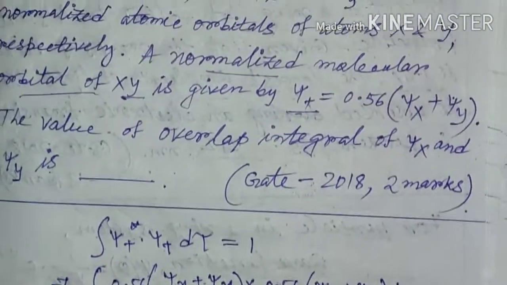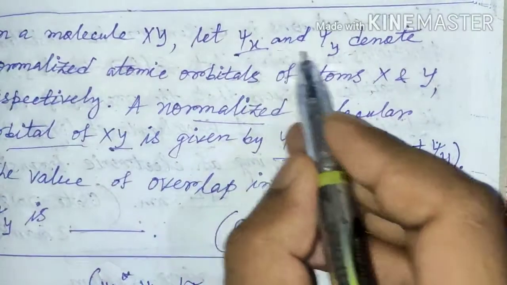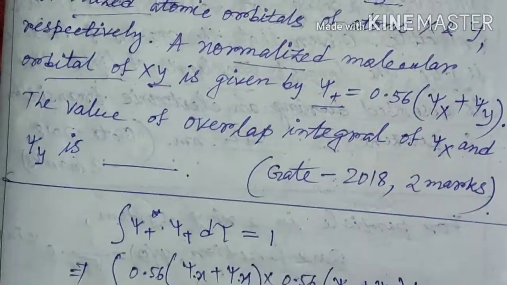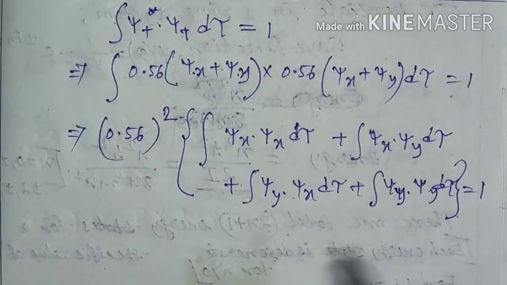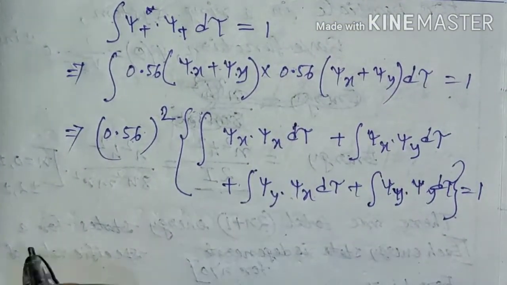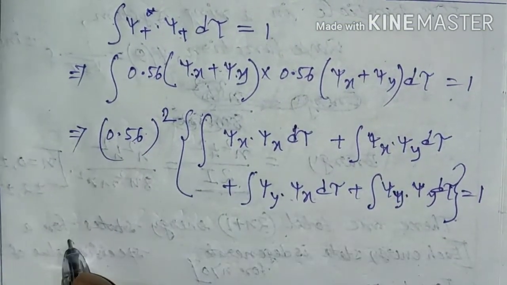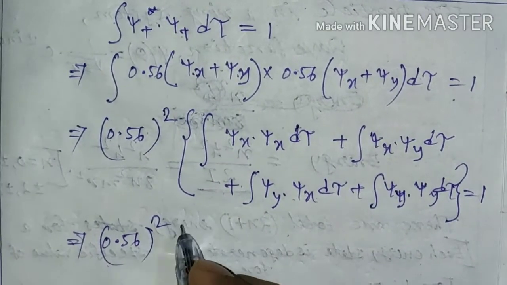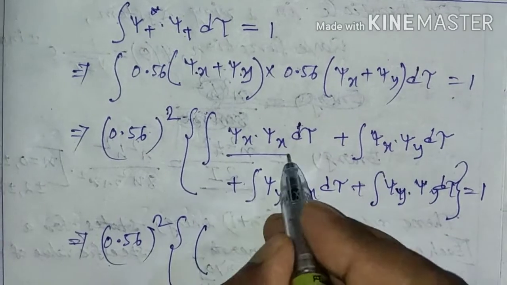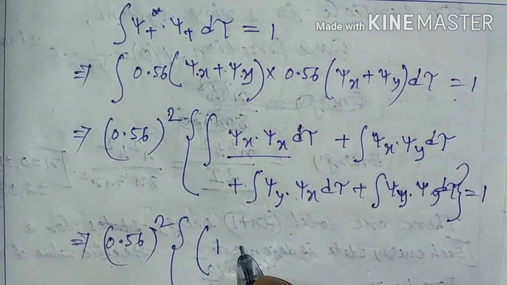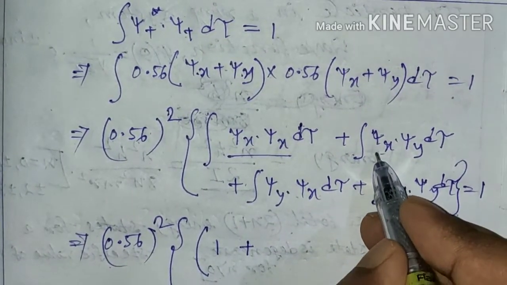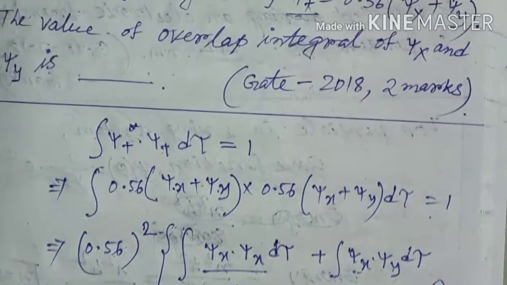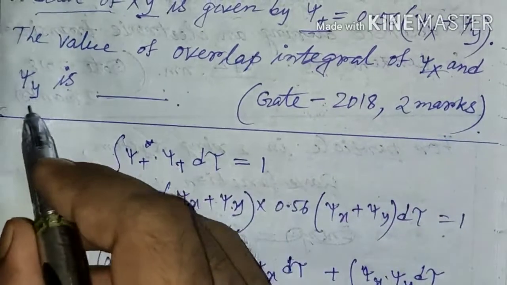Now it is also given that this atomic orbital psi x and psi y is also normalized atomic orbitals. That means we can write that psi x into psi x, that is psi x square, is equal to 1. It is 1 plus this psi x into psi y is the overlap integral between these two atomic orbitals psi x and psi y.